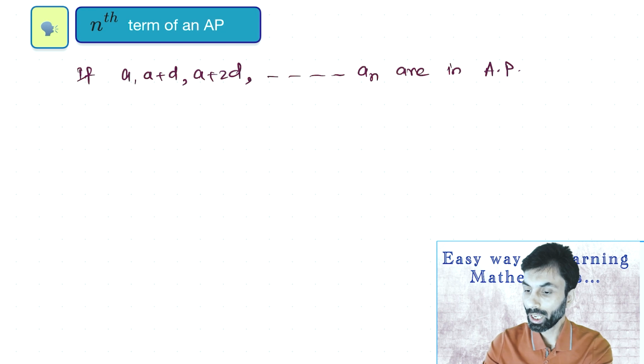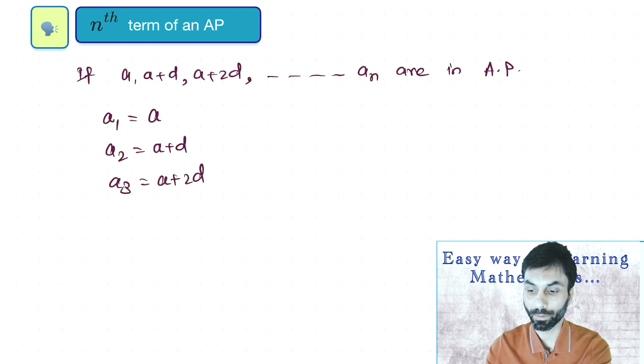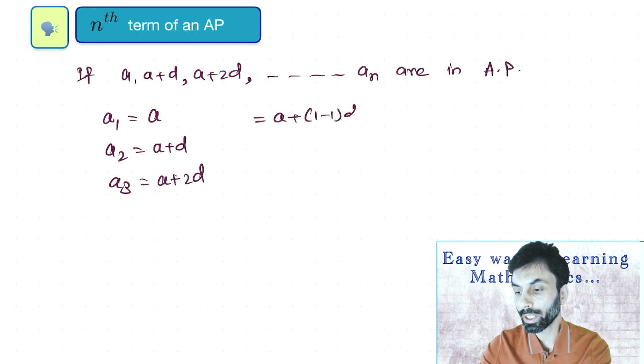Here we see the first term a1 is a, second term a2 is a plus d, third term a3 is a plus 2d, and so on. Now a1 also can be written as a plus (1 minus 1) into d. 1 minus 1 will be 0, 0 into d is 0, so we get a.